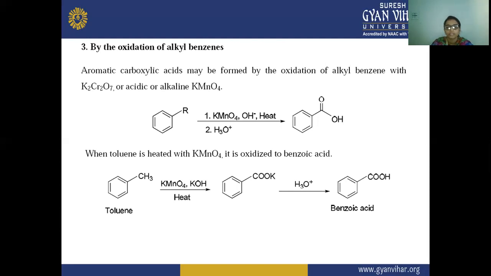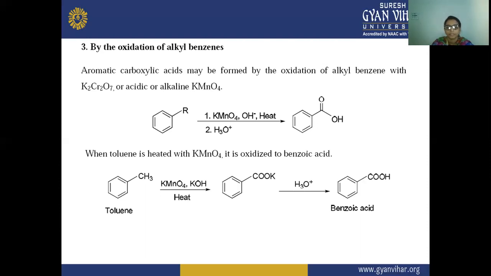Alkyl benzene is treated with this KMnO4, the oxidant, in the presence of hydroxyl ion and heated, and then in the presence of hydronium ion. So here this alkyl benzene, toluene you can say, is reacted and there is a formation of the carboxylic acid, that is your benzoic acid.